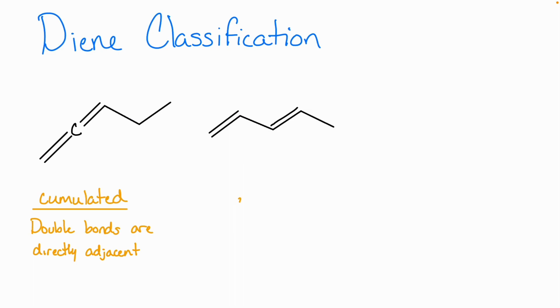These are what we call conjugated dienes. So this is when our double bonds have exactly one single bond separating them.